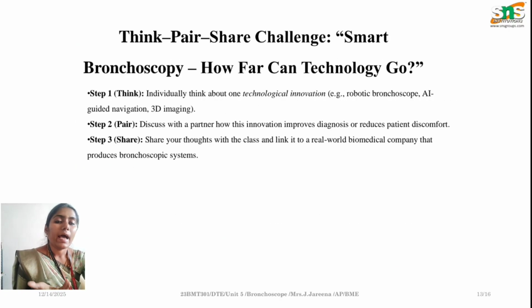Next, I have given an activity to be played during class hours, which is a think, pair, share activity. Here, individuals will be given one technological innovation to research, and then they have a small discussion with their partner, their friend in the class. After a small brainstorming session, both of them will come in front of the class as a pair and discuss the information collected during their process.